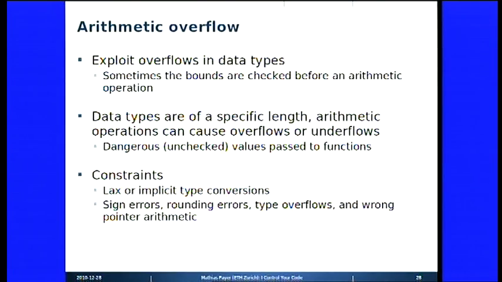The next exploit is an arithmetic overflow. These exploits are still really common and really hard to find. They exploit overflows in data types. Sometimes the bounds are checked before an arithmetic operation, so you do a length check before you do a multiplication or a shift or whatever.